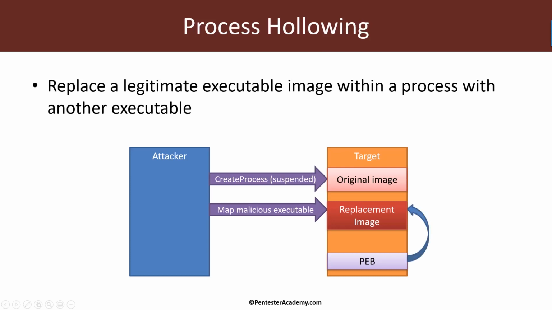And then once we resume the thread, it will start actual execution of our replacement image and not the original image that was there. And so finally we resume the thread and we're done.